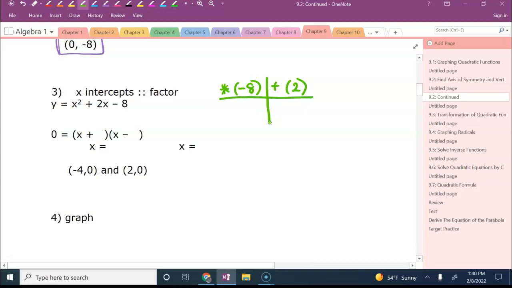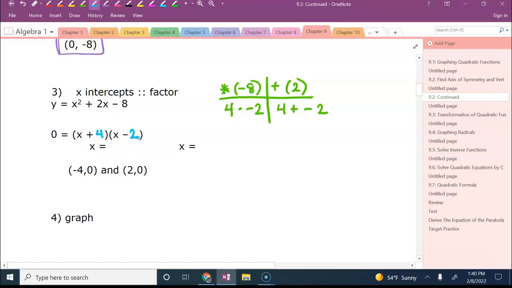So start thinking of factors of 8, 1 and 8, 2 and 4, those kind of things. In order to get them to multiply to a negative 8 but add to a 2, you're going to want a positive 4 and a negative 2. Because 4 times negative 2 is negative 8, but 4 plus negative 2 is positive 2. So in my parentheses, I'm going to do x plus 4 and x minus 2.